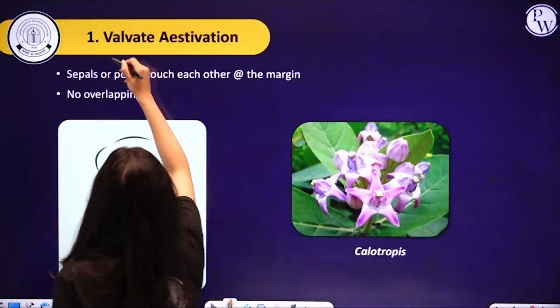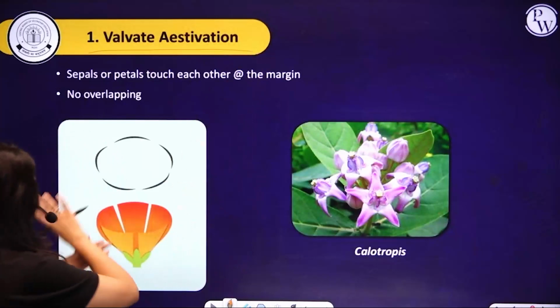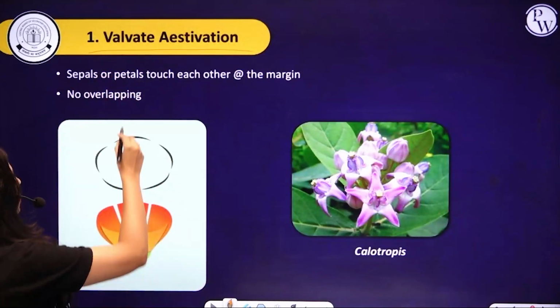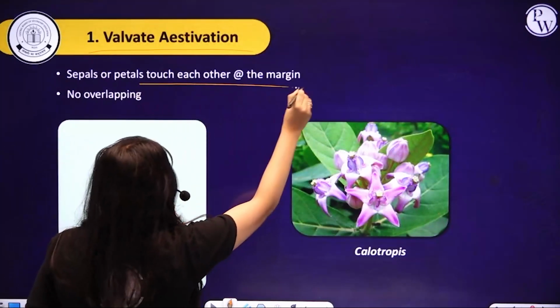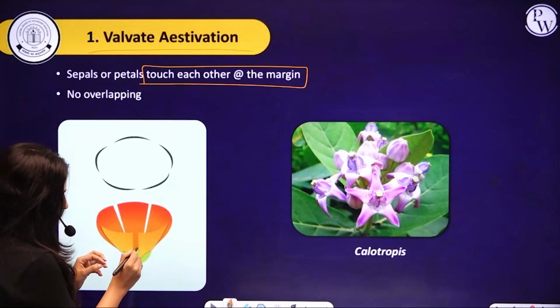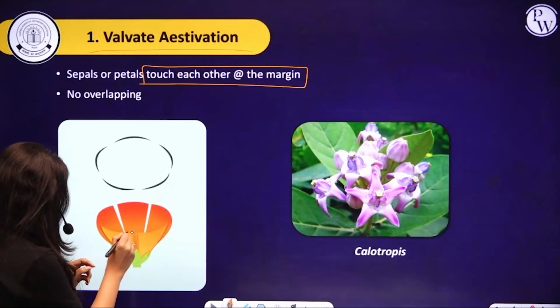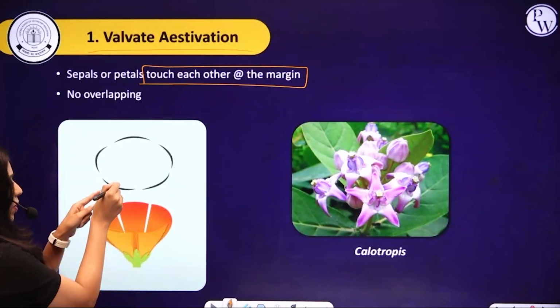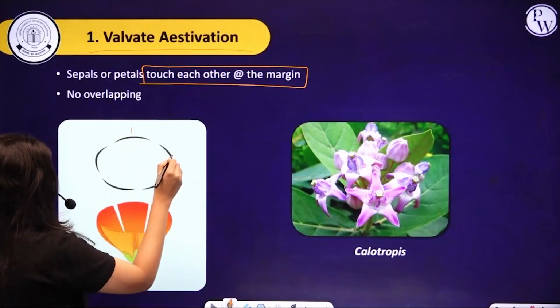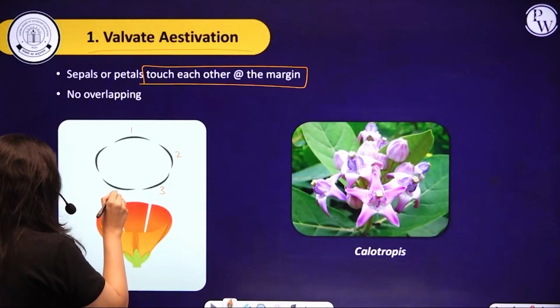Let's start with valvate aestivation. Very simple type of aestivation. Here the sepals or petals, they touch each other at the margin. Here you can see this is a flower. How exactly these petals are arranged in the flower is represented with this diagram here. So there are 5 petals, or it could be sepals even.